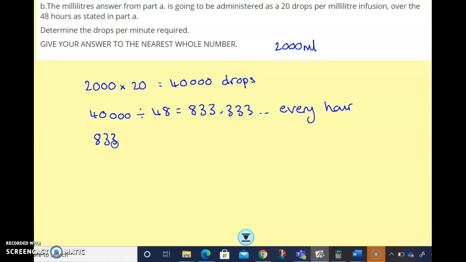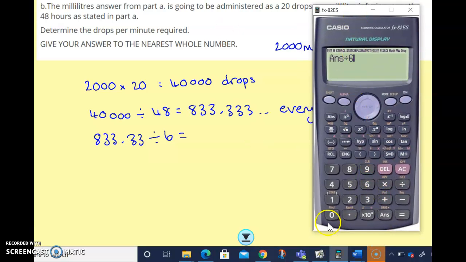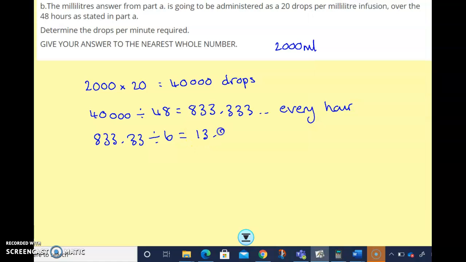There are 60 minutes in an hour. So I'm going to divide by 60. And we get 13.88. We're asked for our answer to the nearest whole number, so that would be 14 drops per minute.